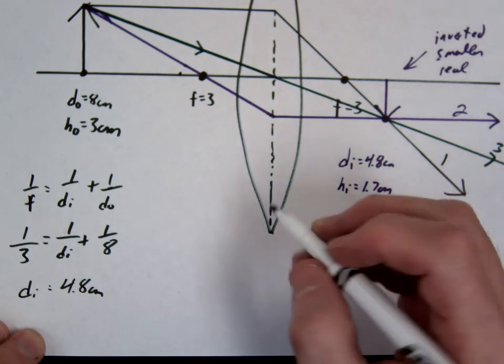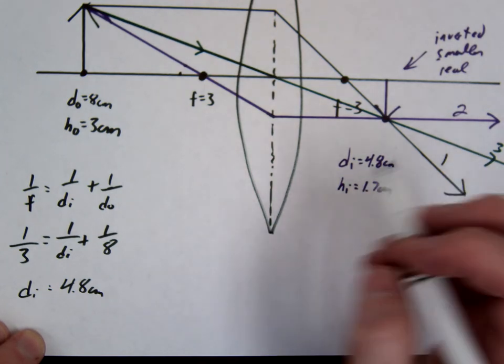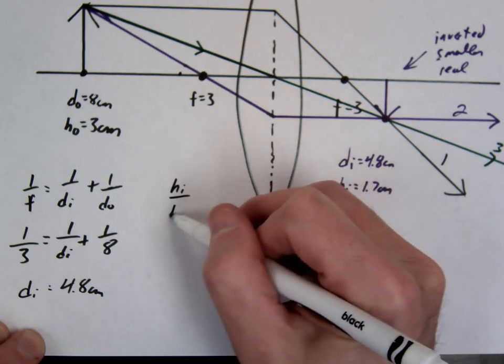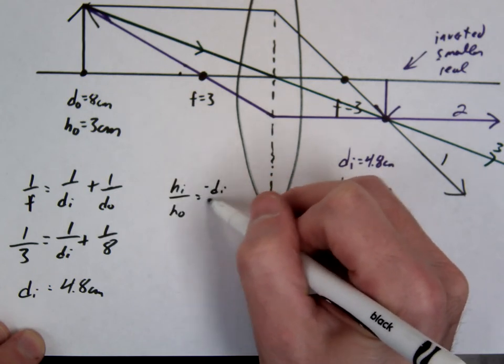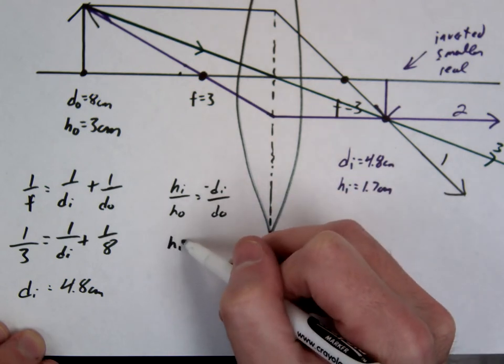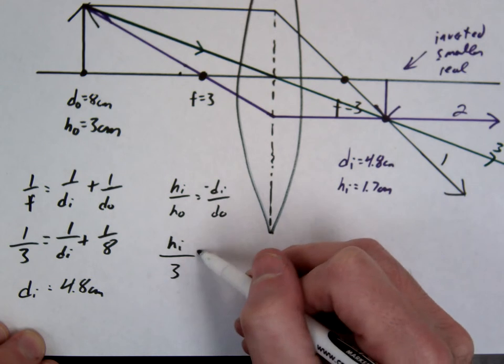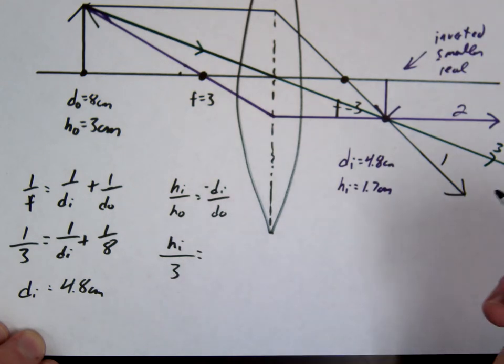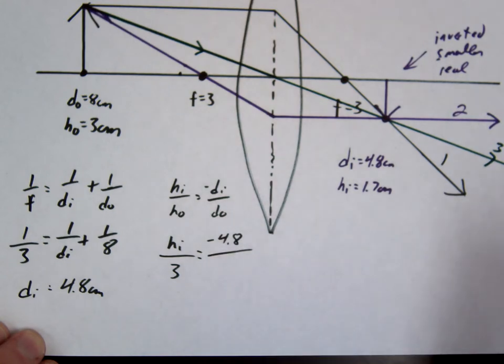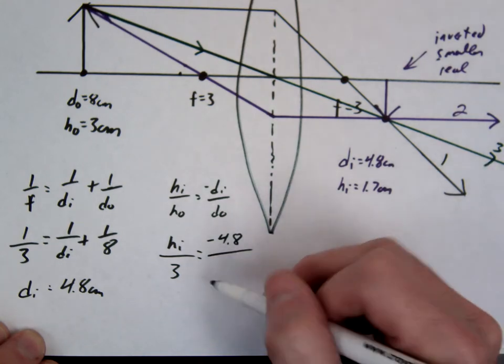Okay, let's do H. Same equation. HI/HO = -DI/DO. Don't forget that negative is important. HI/3 = -(4.8)/8.